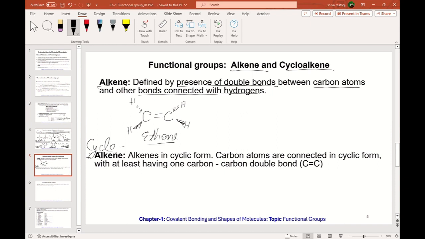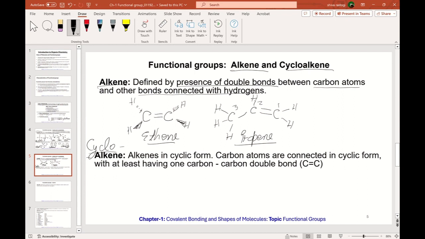Another example is C double bond C. Here we have hydrogen, and all 4. So this is like a propene. So 3 carbons: carbon number 1, carbon number 2, carbon number 3.